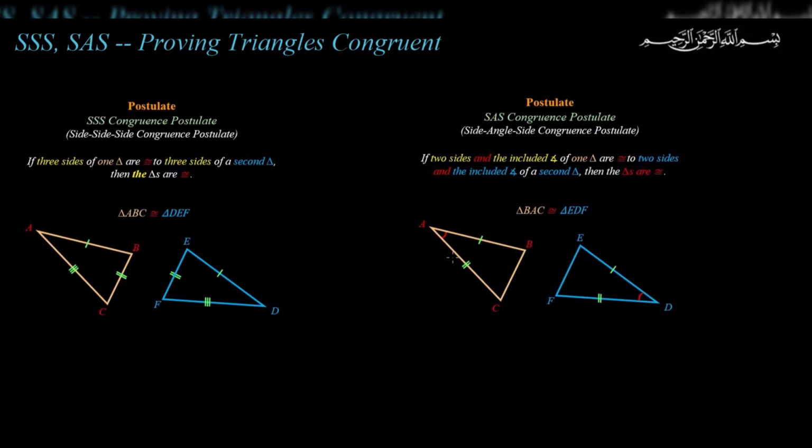And the very important side angle side triangle congruence postulate, or side angle side congruence postulate, states that if two sides and the included angle of one triangle are congruent to two sides and the included angle of a second triangle, then the triangles are congruent. So this is side angle side, side angle side.